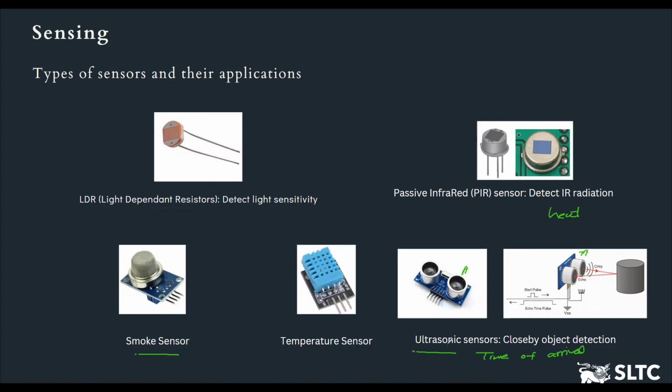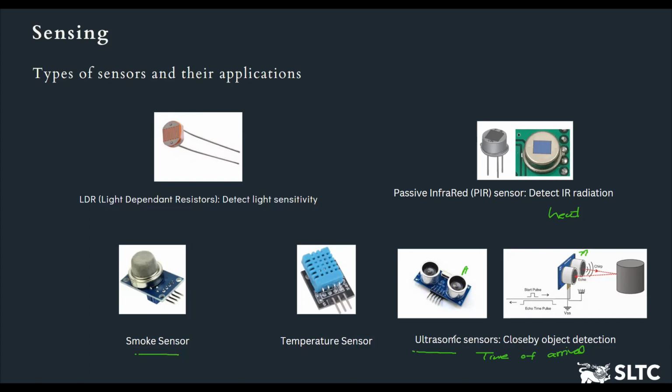The same principle is used in radar systems, for example, where we send a radar signal, and the radar signal is getting reflected back towards us. We can find where a ship or some large object is there in the environment. The same principle is used in ultrasonic sensors, and it's very useful when we want to identify close by objects, right?